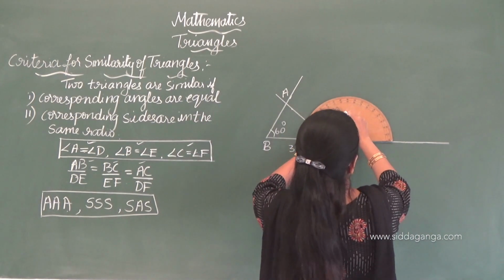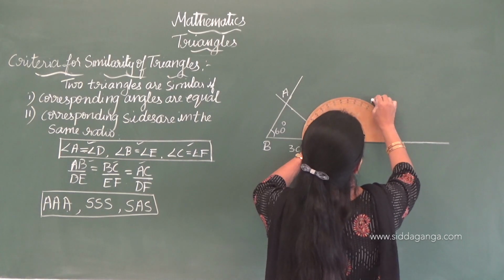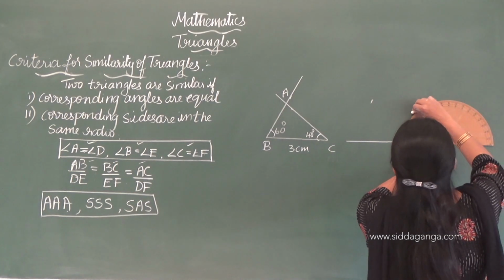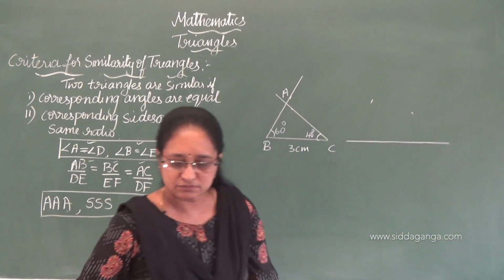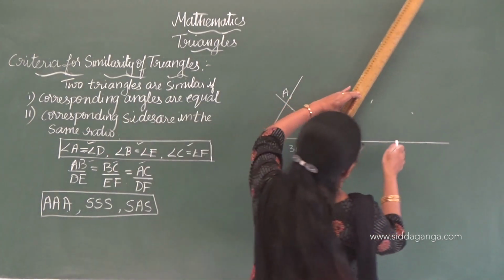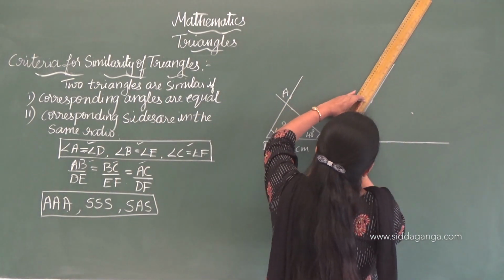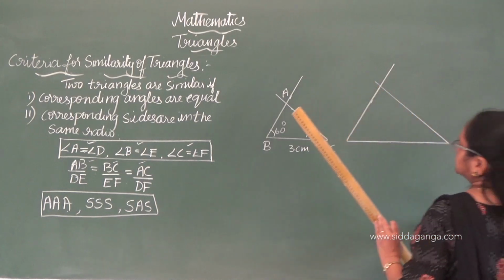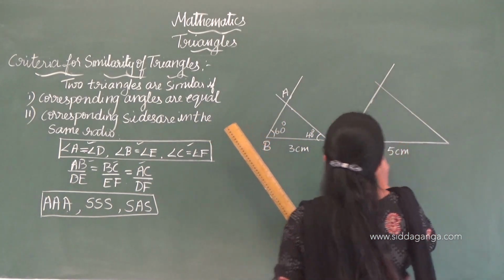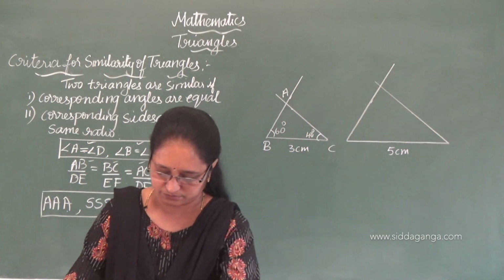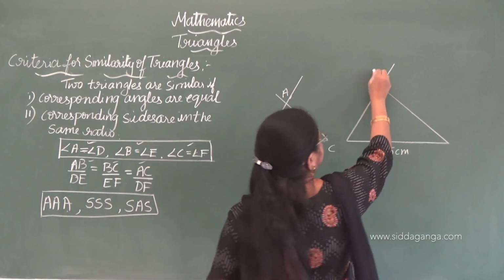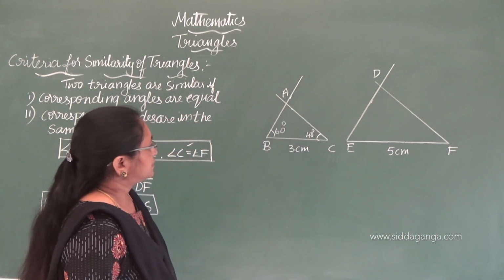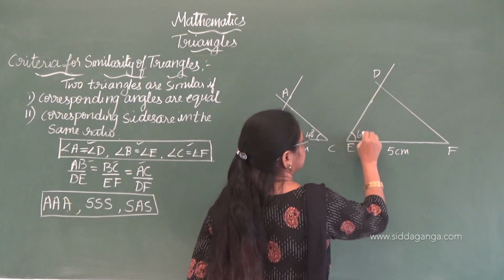Now here 60 degree, here 40 degree. So this is 5 centimeter, EF 5 centimeter. Now this is also 60 degree.